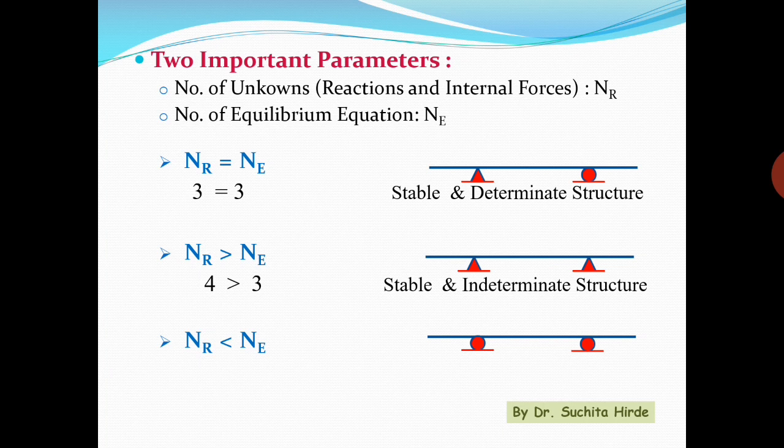If there is some horizontal load or inclined load, due to rollers it will not be a stable structure. So when the number of reactions is less than the number of equations, it is an unstable structure. So this is what is meant by determinate structure and indeterminate structure.